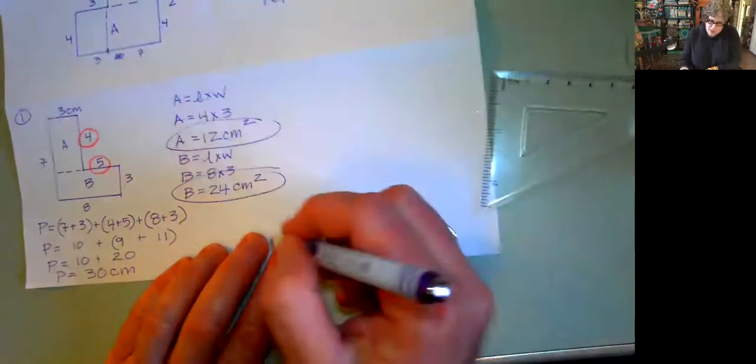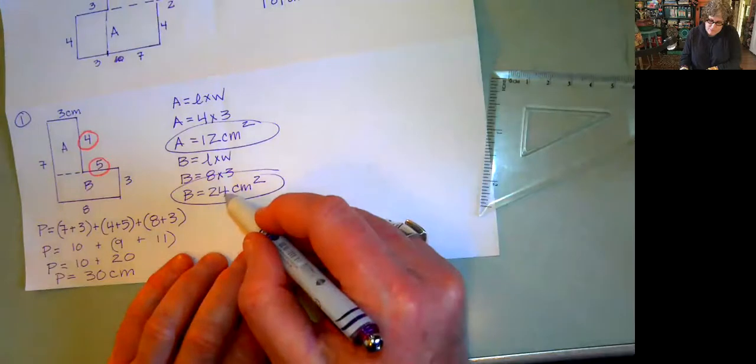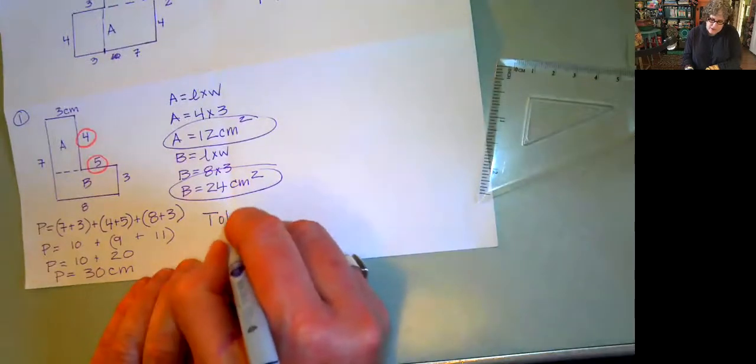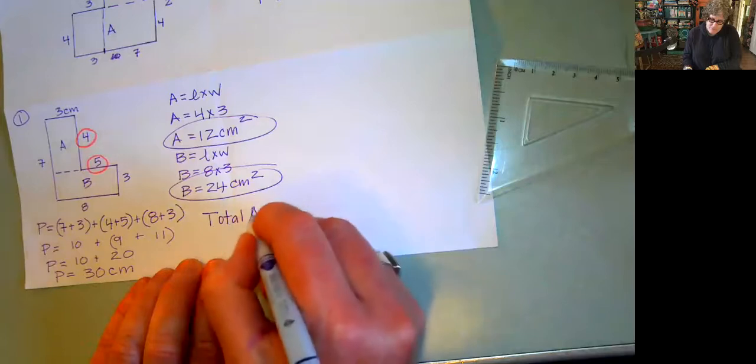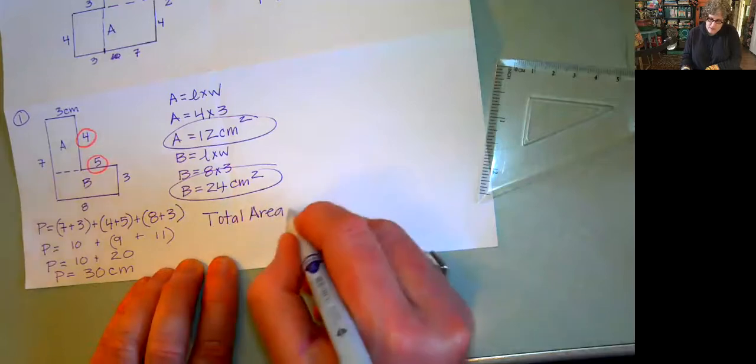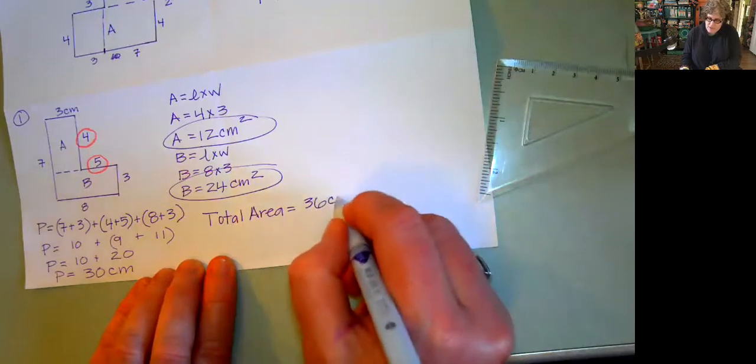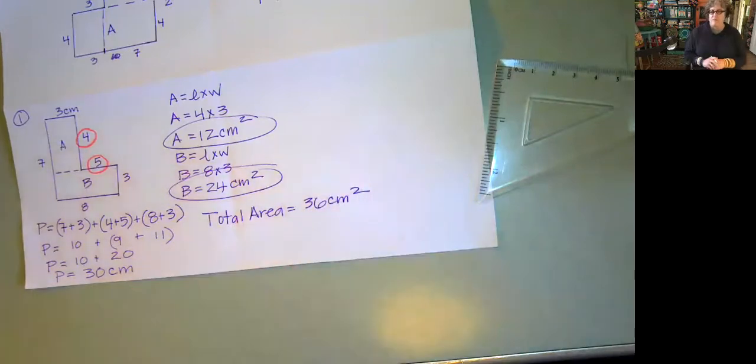So if we add 24 plus 12, we get 36. So the total area is 36 centimeters squared. Okay, not too bad. All right, let's do the next one.